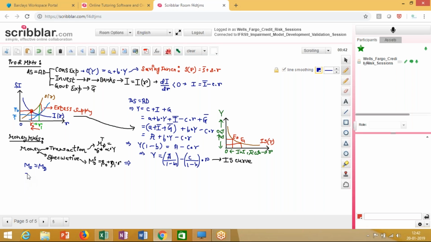So let's say that the money supply for us over here is M bar, right? And there is an autonomous demand for money comprising the transaction demand, which is alpha 0, plus beta 0.